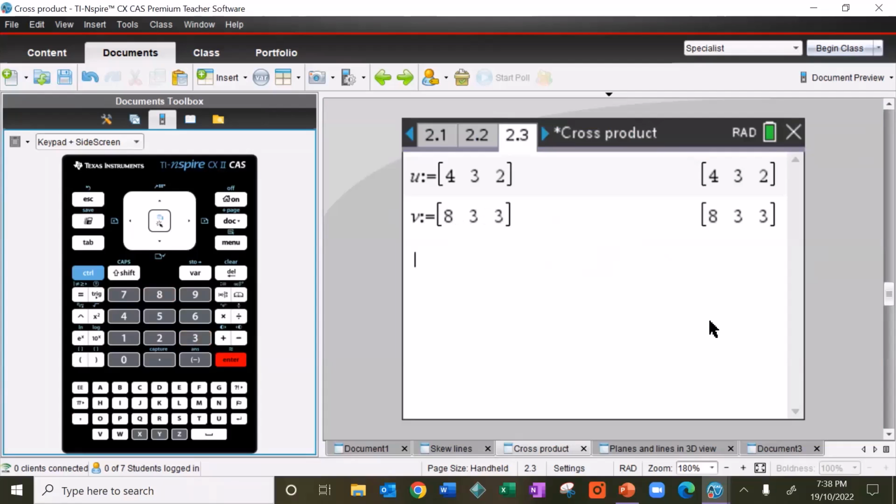So if I want the vector perpendicular to both, of course, it is the cross product. I find typing it is faster than trying to go through all the screens. So I have u and v. So this is the cross product, but of course, this vector is not a unit vector.